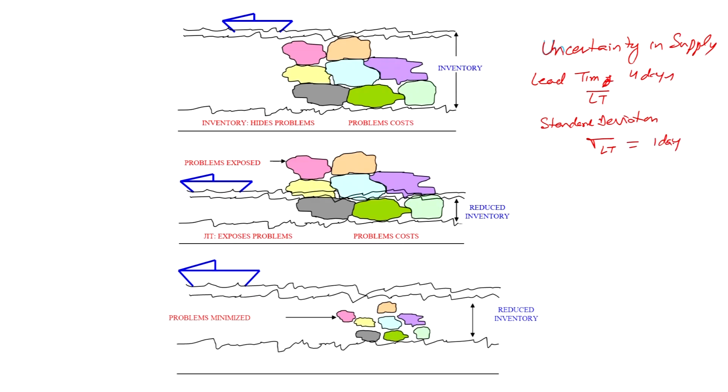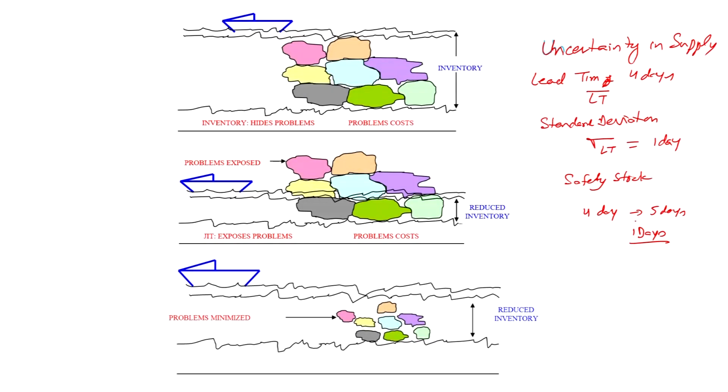Based on that you calculate the safety stock and you keep that item. That means we are saying that the material usually comes in 4 days, but sometimes it may take 5 days also. So, we are keeping 1 day of safety stock, because sometimes the supplier is not able to supply in 4 days, so we keep 1 day of additional material.